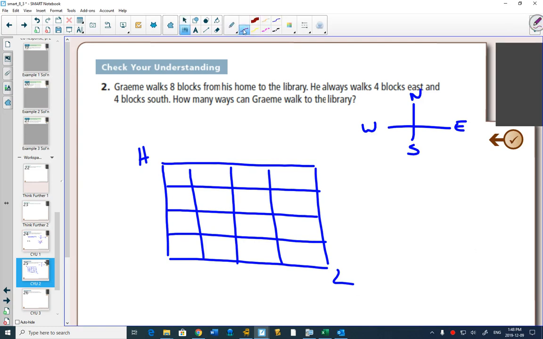So one possibility that he could take is go 4 to the east and 4 south and get from his house to the library. That would be one path.